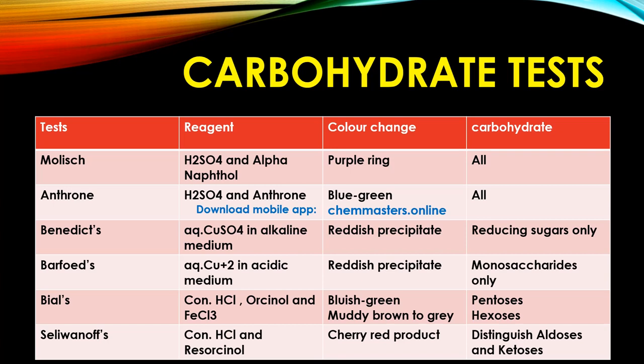Here orcinol and FeCl3 are used as condensation reagents, and the color change is bluish green to muddy brown to gray. If you observe bluish green, then they are pentoses. If you observe muddy brown to gray, then they are hexoses. Now Seliwanoff's test uses concentrated HCl and resorcinol as reagent, and the color change is a cherry red product, which distinguishes aldoses and ketoses.